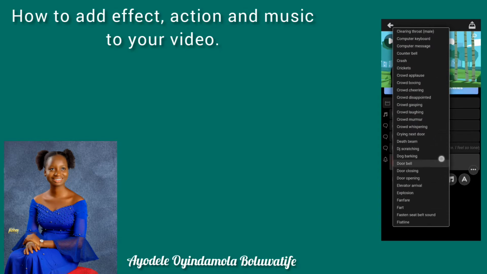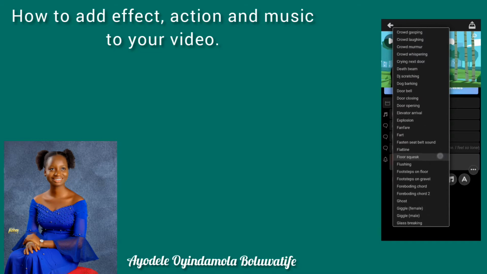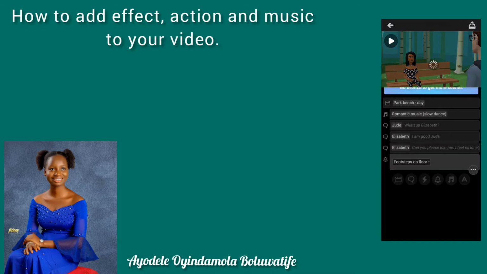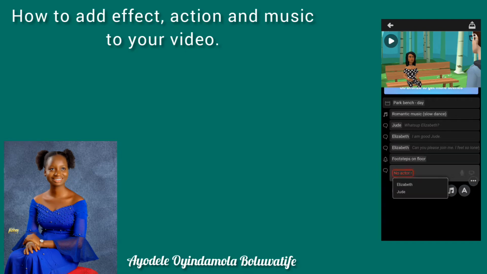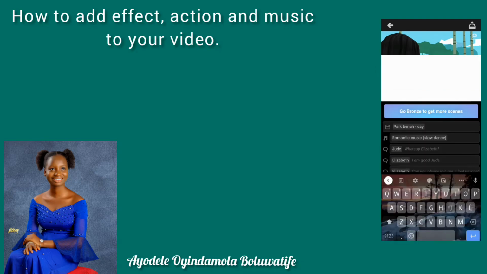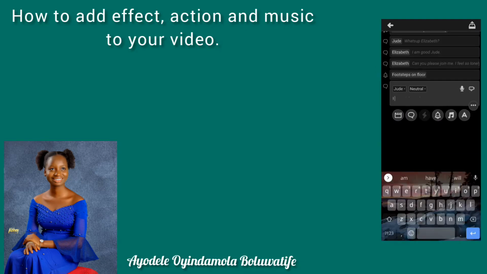Because in Plotagon, our characters cannot walk, but you have an effect that can sound like footsteps. You have effects that will sound like phone calls, and effects that will sound like a computer keyboard, everything there. So once you click on that icon that looks like an alarm, you have your effects there. You add any of your effects to it.